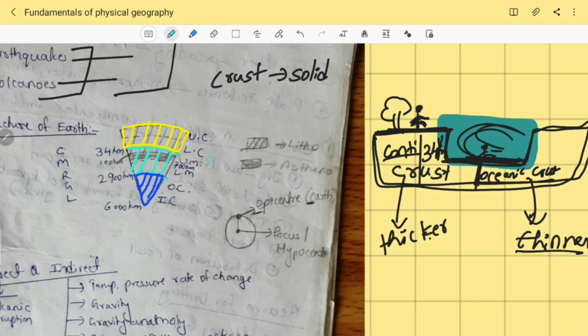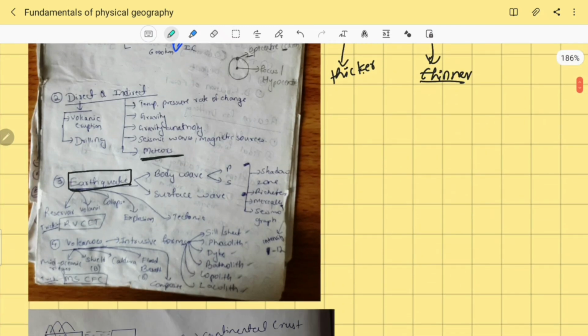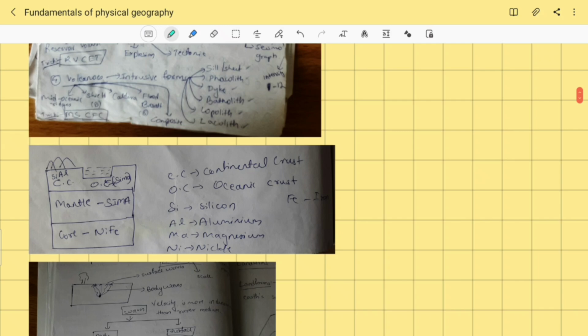Now let's see about a mantle. In mantle again you have upper mantle and lower mantle. Upper mantle is from 34 kilometer to 700 kilometer. Lower mantle extends from 700 kilometer to 2900 kilometer. This one I have given in a more brief way here.